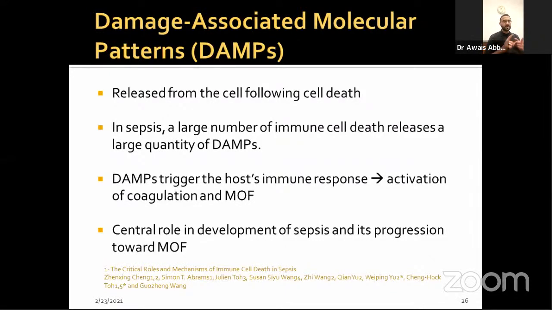In sepsis, a large number of immune cell deaths releases a large quantity of DAMPs. What DAMPs do is trigger the host immune response that leads to the activation of coagulation, and that ultimately leads to the development of multi-organ failure. DAMPs have a central role in the development of sepsis and its progression towards multi-organ failure.